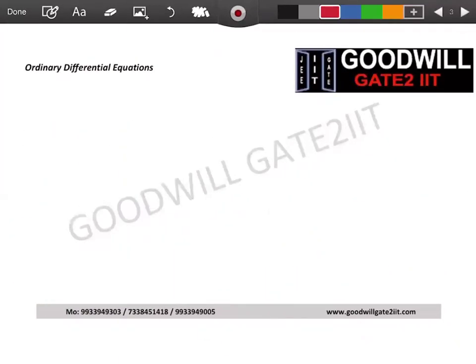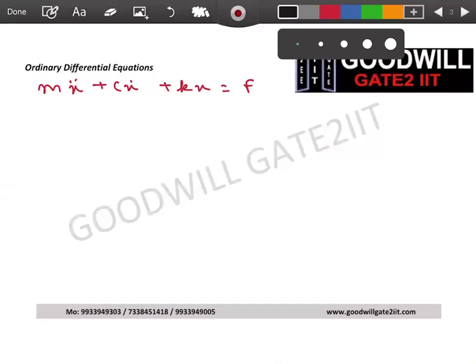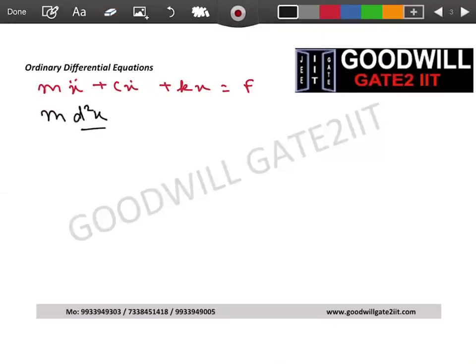So all of you know this equation from structures. M x double dot plus C x dot plus K x is equal to something. That is some function given to you. Even if you don't know, we'll not go into structures. This is a normal differential equation given to you, which means m d square x by dt square plus c dx by dt plus kx.